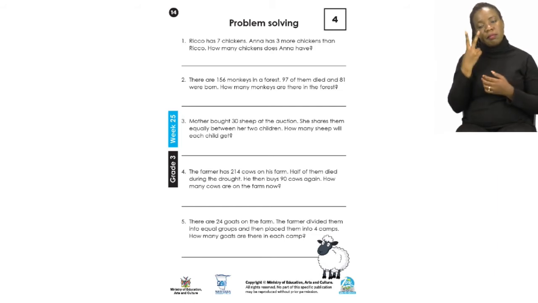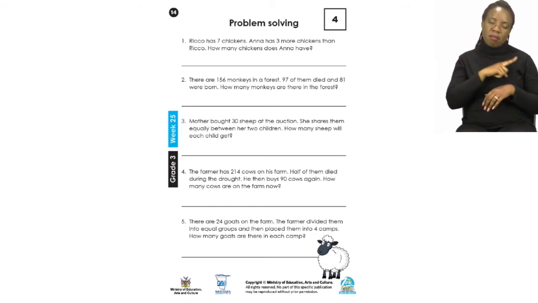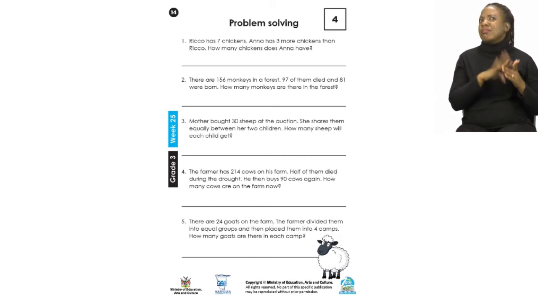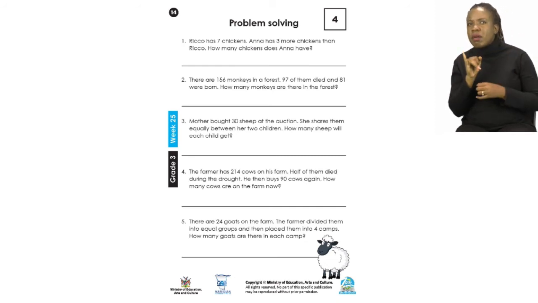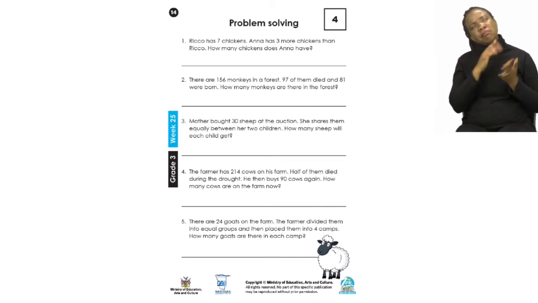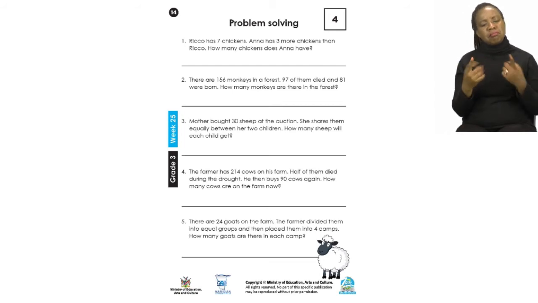It's because we want to understand what is going on. And then we're going to take out the important information, which is the numbers. After that, we need to decide whether we are adding, subtracting, sharing, or multiplying.